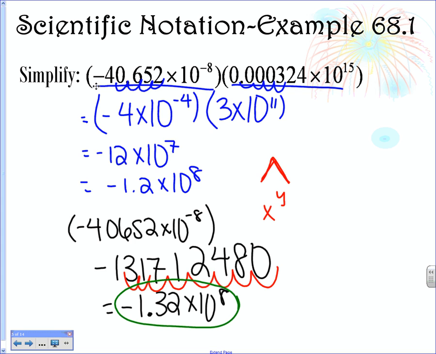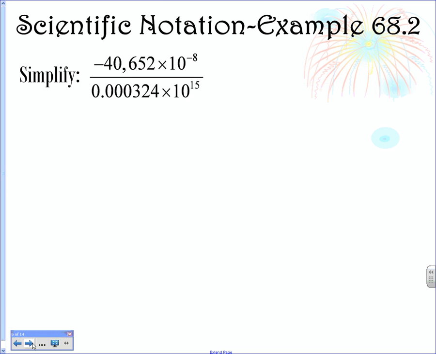Okay? So let's look at another one. These are the same numbers as on the last example.